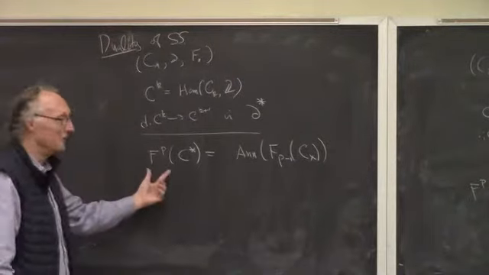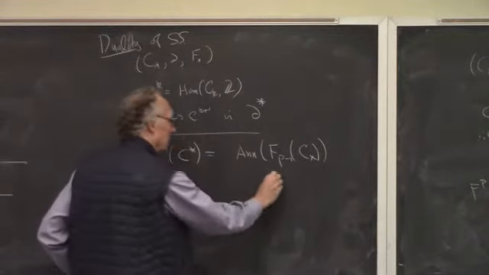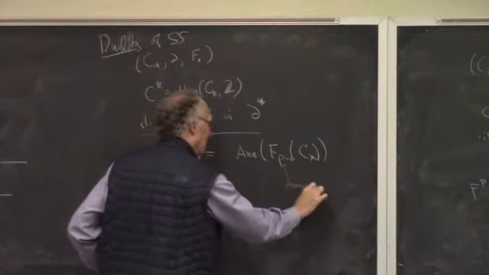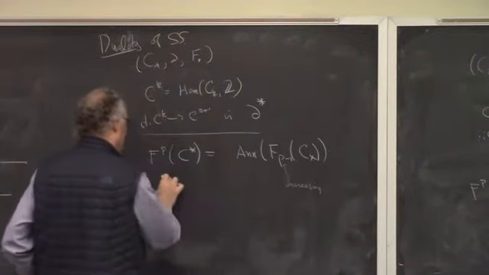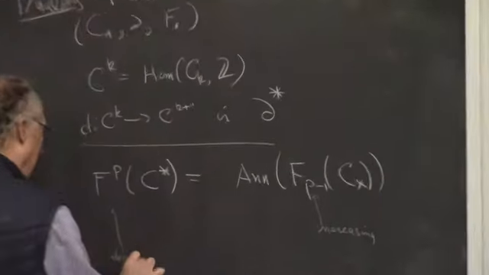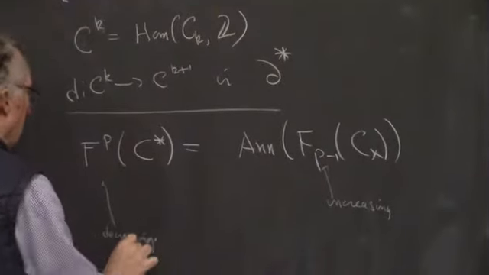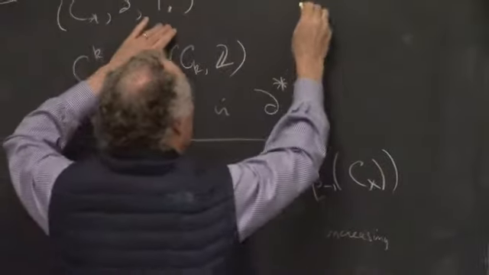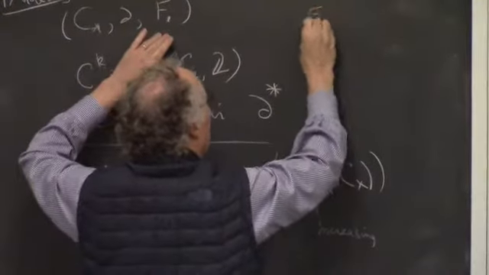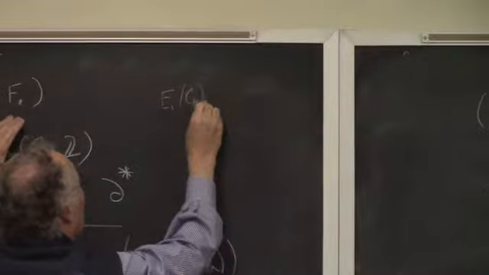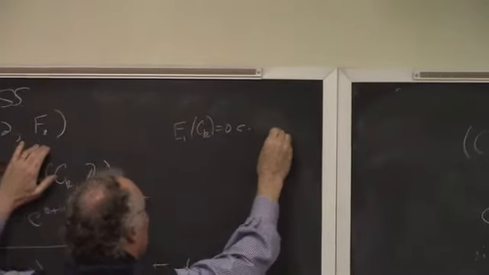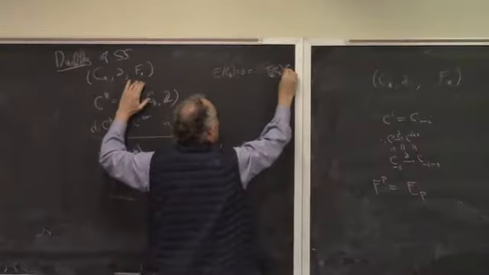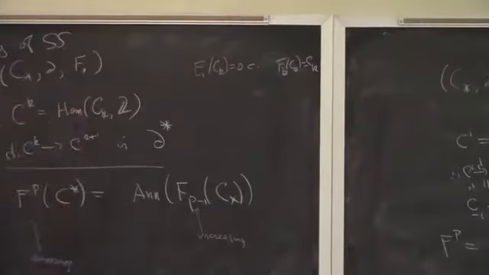So this is a decreasing filtration. This is increasing, and this is decreasing. And suppose, as is typically the case, that in C_k we had F_{-1} C_k equals 0, and that goes up to F_k of C_k, which is all of C_k. So suppose we had a filtration like that.